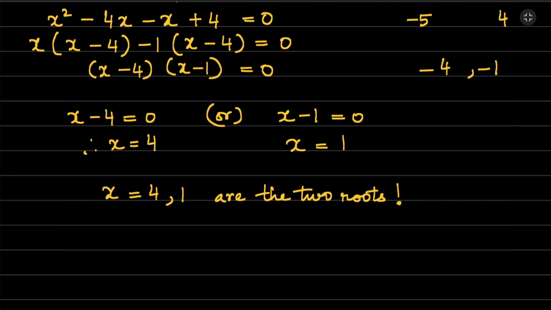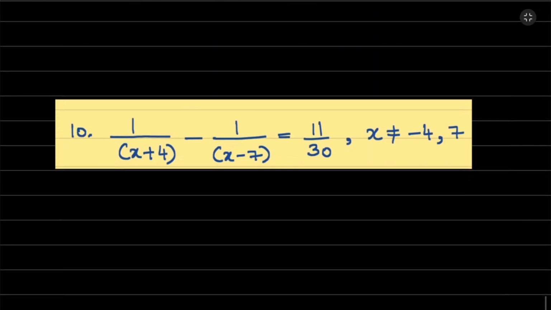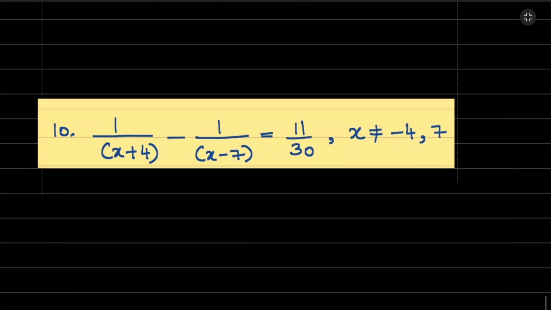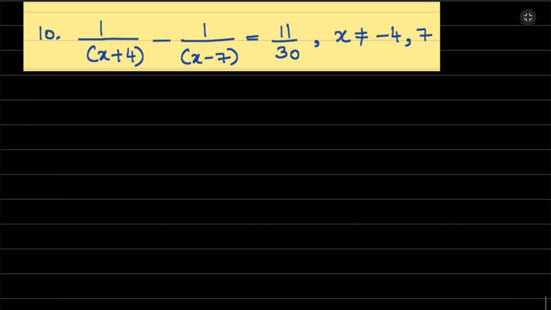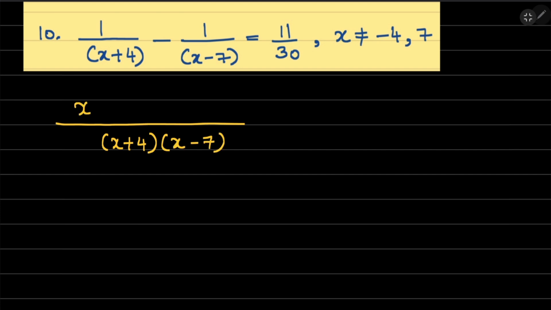Let's move on to the next question, which is the 10th and the last question of the day. So, very simple. You have got your x terms on the left hand side. Let's take the LCM. So when you take the LCM, you have x plus 4 into x minus 7. The numerator will become x minus 7 minus x plus 4 equal to 11 by 30.